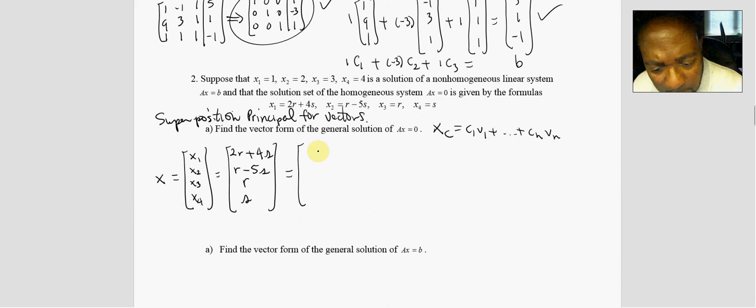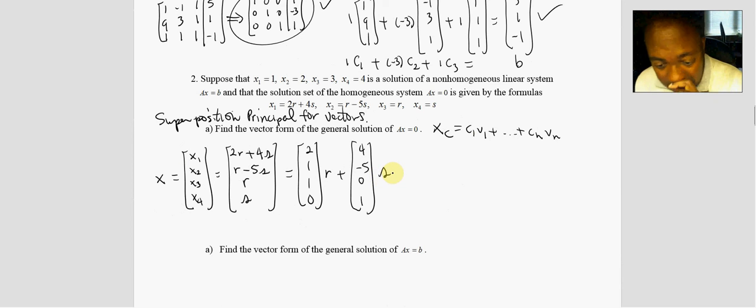So in terms of the r's, this is 2, 1, 1, 0, plus now in terms of the s's, 4, -5, 0, and 1 times s.